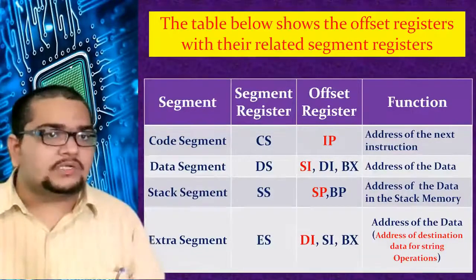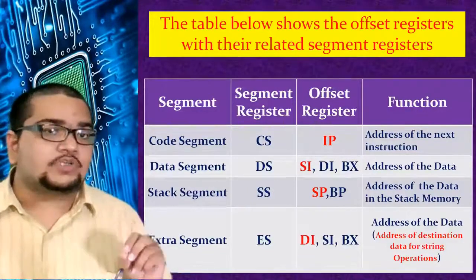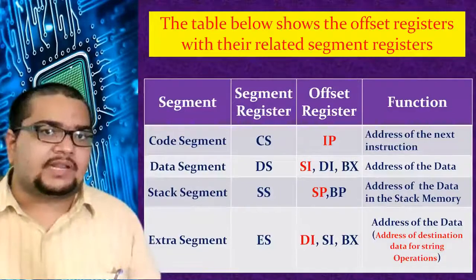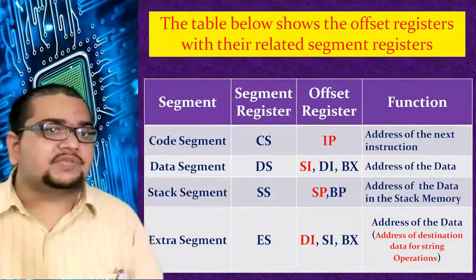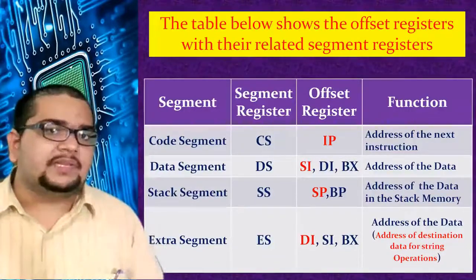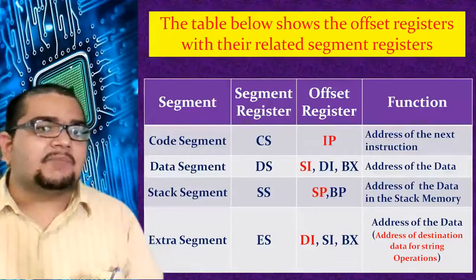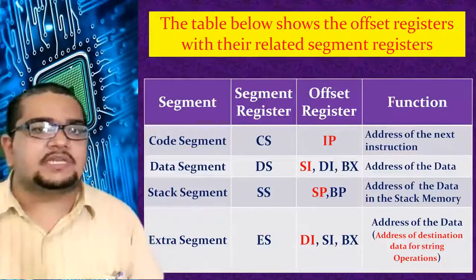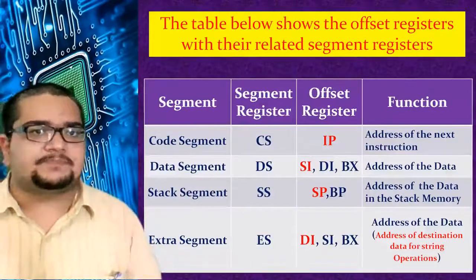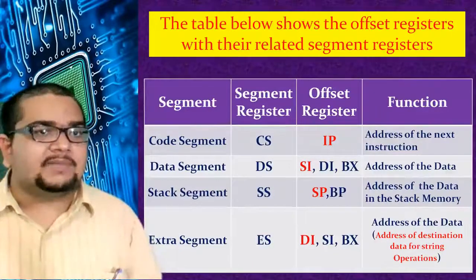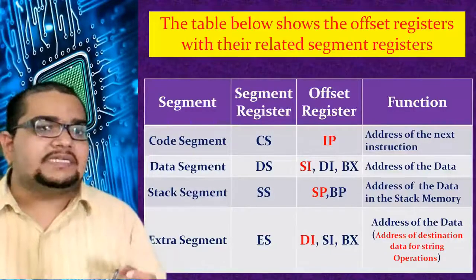The CS register holds the segment address of the code segment of the memory, whereas the IP register holds the offset address of the code segment. So segment address plus offset address, by using the formula of physical address calculation, we get the physical address of the program instructions.